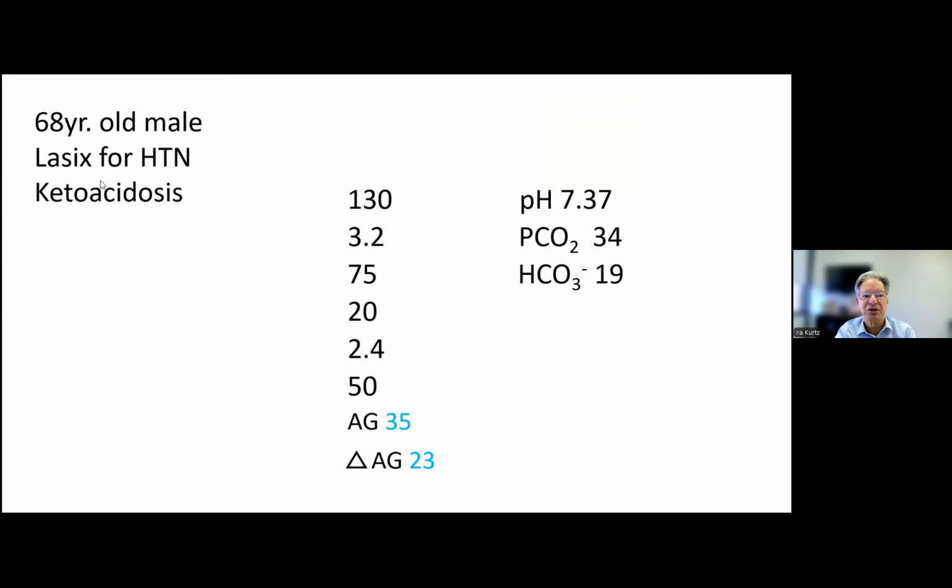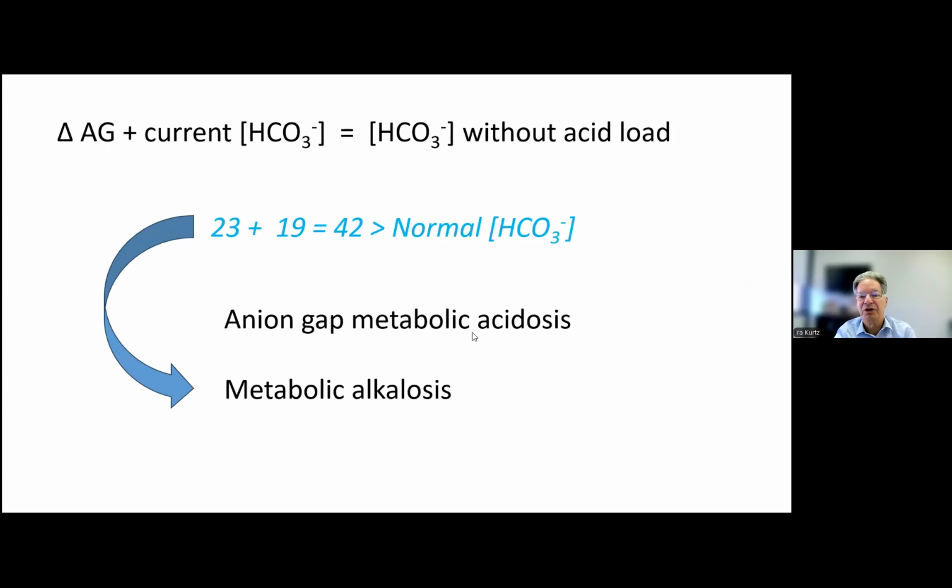So here's a patient who's on loop diuretic with ketoacidosis, and we look at these numbers. The PCO2 is 34, the bicarbonate's 19, the anion gap's up by 23. So if you just look at these two numbers, you would say the PCO2 fell by 6, the bicarb fell by 5. That's roughly a change of 1.2 to 1 or 12 to 10.